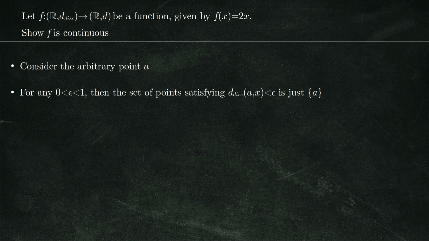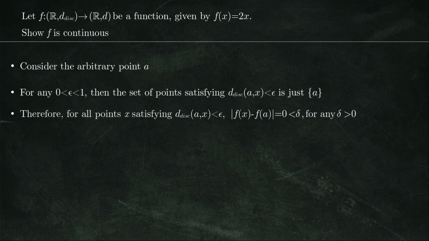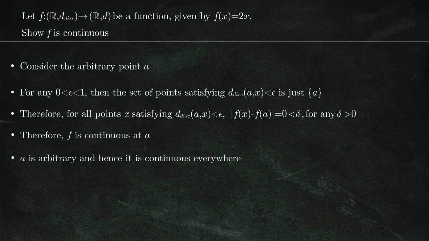Therefore, for all points satisfying d(a, x) < epsilon, f(x) - f(a) is equal to 0, which is always less than delta, no matter what we pick delta to be. Therefore, f is continuous at a. And if a is arbitrary, then it is continuous everywhere.